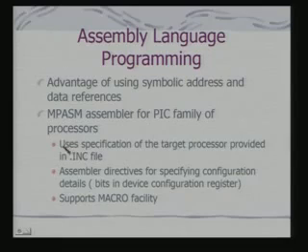So, if you have to use an assembler for a family, then that assembler needs to be designed differently. In this case, for a PIC family, while you are writing your assembly code, you also specify the target processor, and various information is provided to the MPASM assembler through what we call an .inc file.